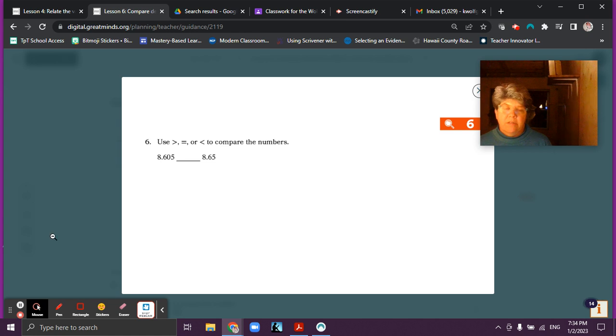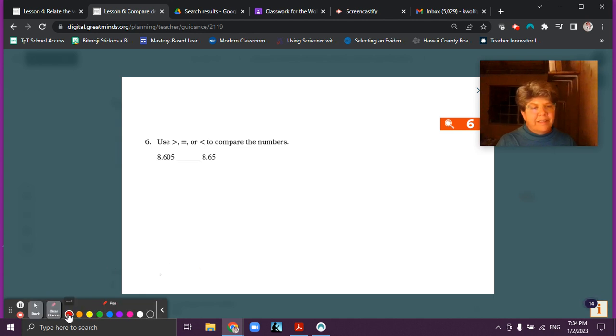What I like to do, if my pen is going to work, is just to write one of them right under the other. And you don't have to rewrite both of them because one of them is there, right? So 8 and that's a 6 under there, and that's a 5. Well, that's not going to be very effective because I can't write very small.